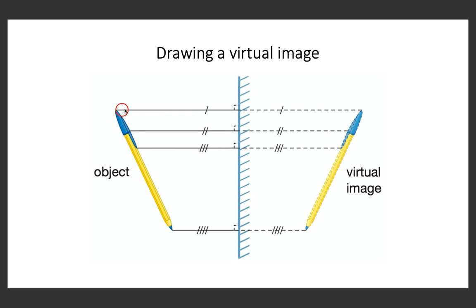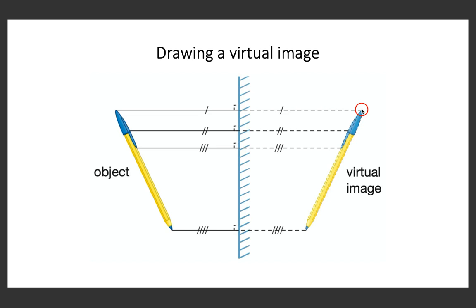This cap, for example, is this far away from the mirror, and this line segment has a length that's indicated with this tick. So this line segment has the same length. That's why it also has one tick. And so this part of the virtual image is the same distance away from the mirror. That's how we draw virtual images for flat plane mirrors.